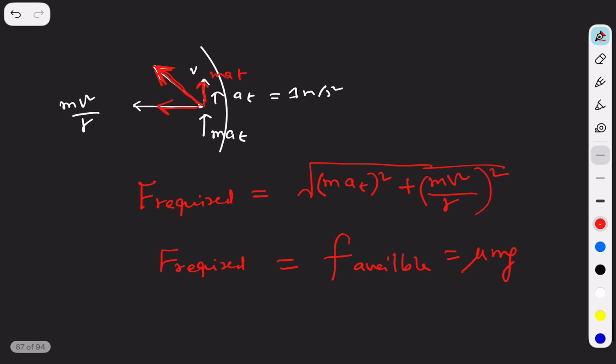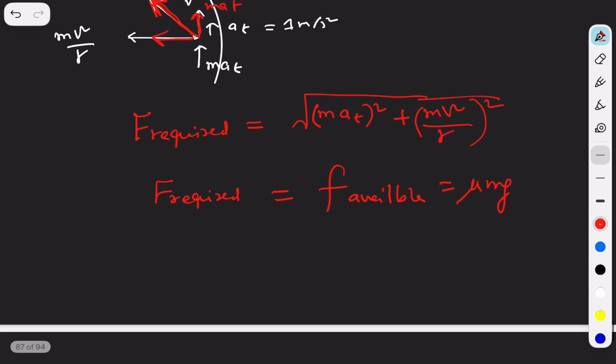So guys, the F required is under root of (m a tangential) square plus (m v square by R) square. Now guys, what is this v? v is nothing but the magnitude of the velocity, and this v we can directly calculate. v is equal to u plus a t. I hope you're getting my point.